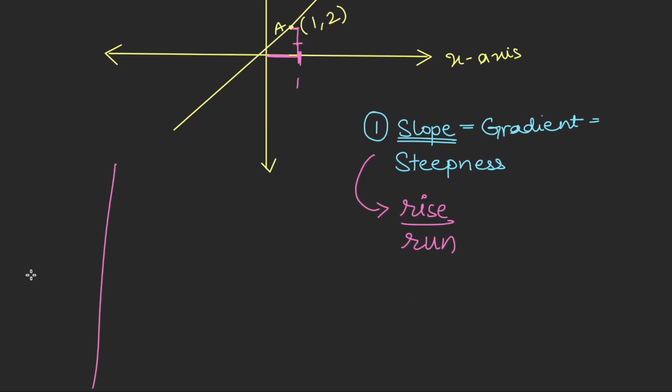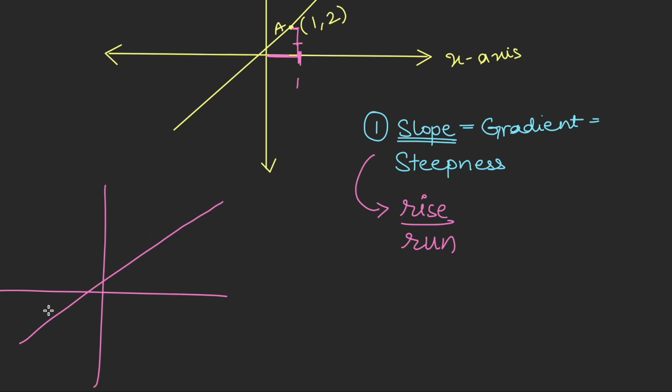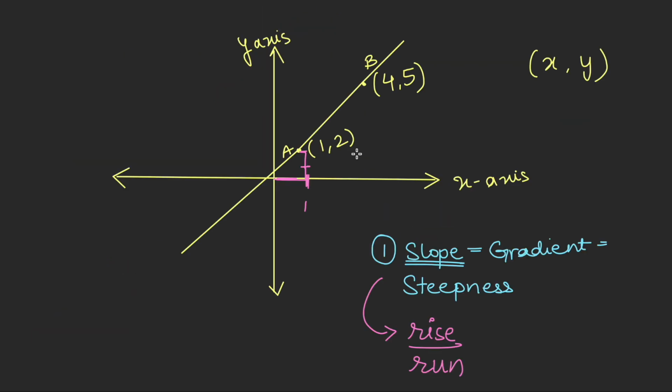So if I had this graph where this is the line, this is my y and x-axis respectively. Now if this was our line, we need to find rise upon run. What is rise? The rise is basically change in y, which means how many steps do I need to go in y, and run is basically change in x.